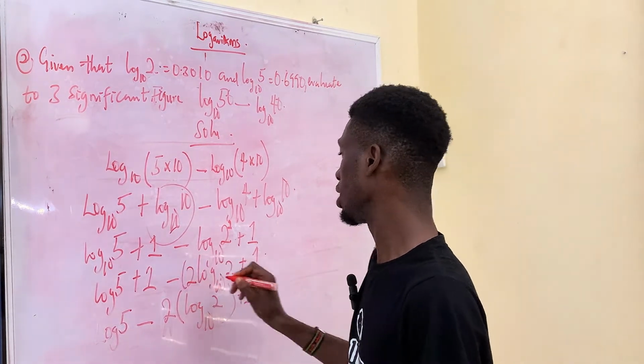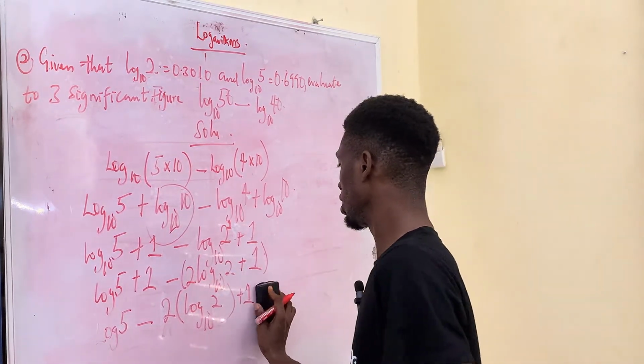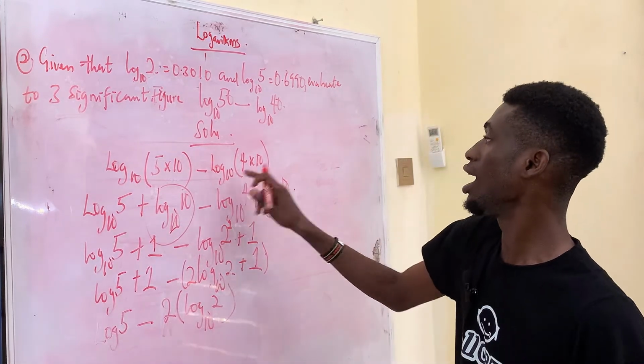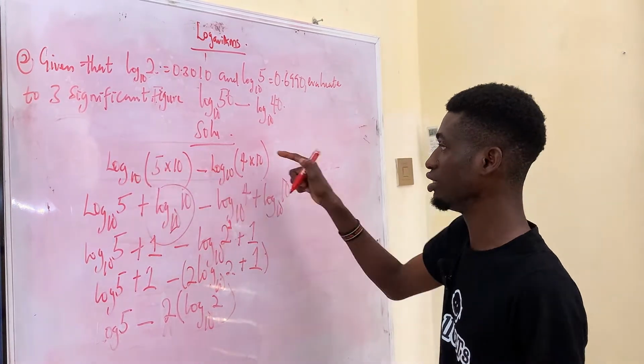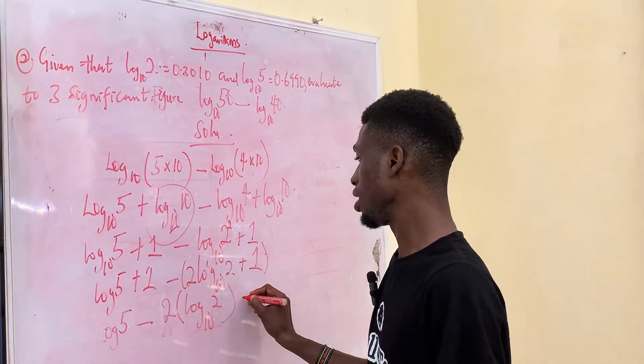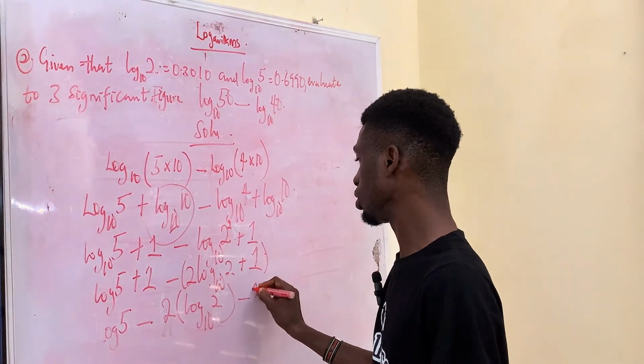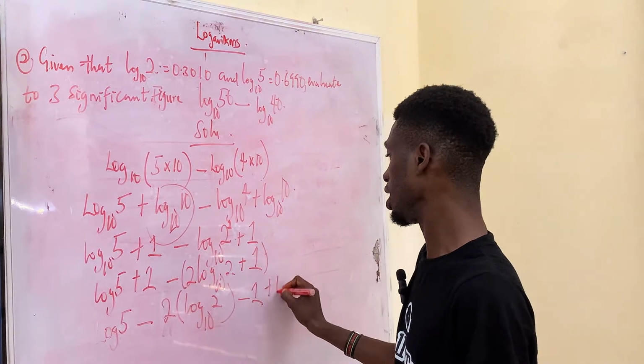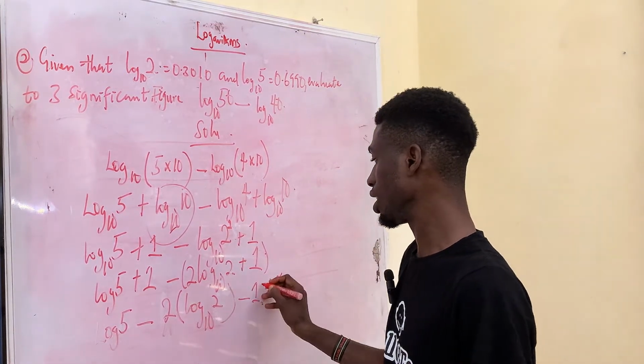But actually since this minus is going to affect this, minus times plus is going to give us minus 1, then this positive 1, I put it here. So this is going to cancel this.